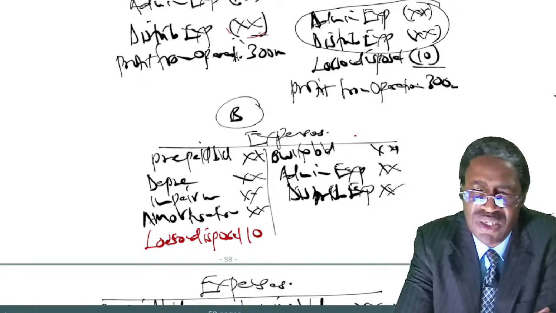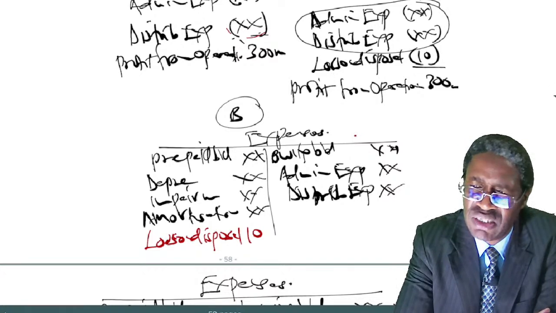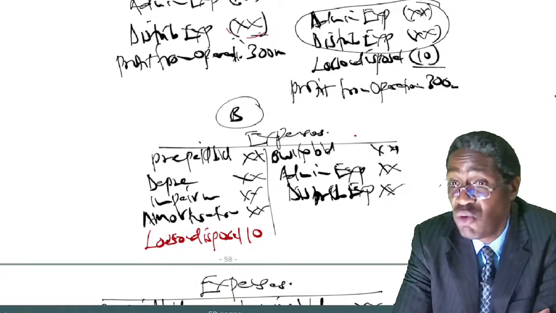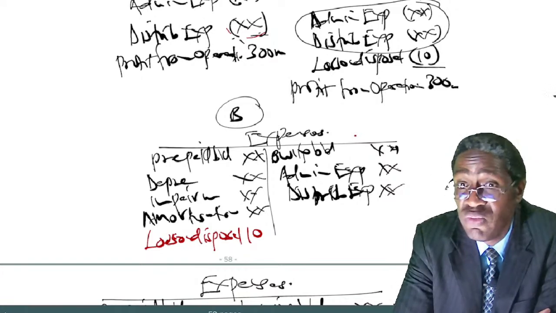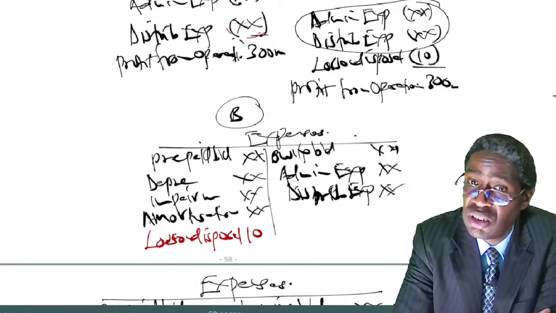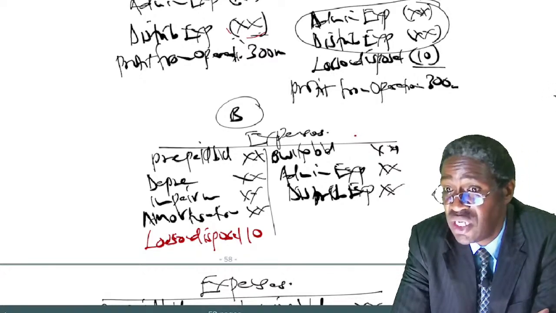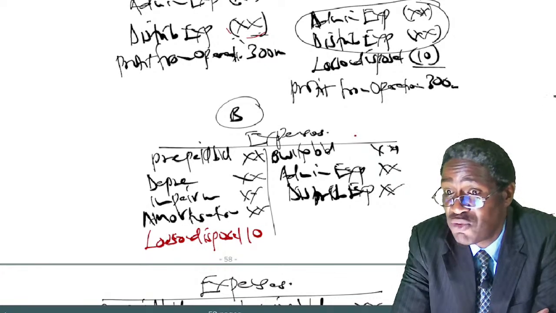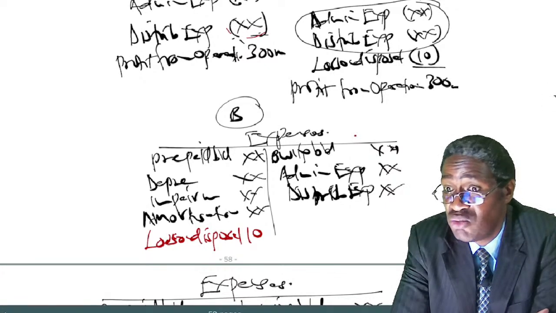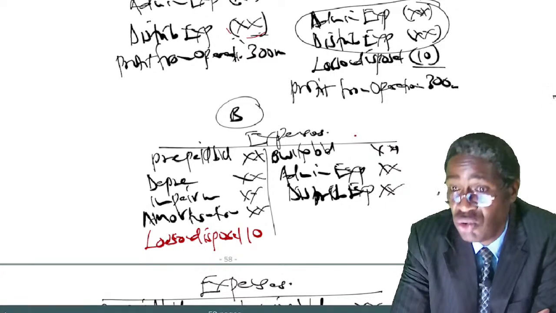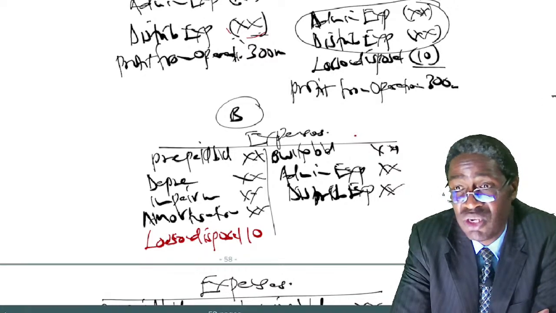It's true, it's an expense. It's true, it's an uncash item. But will I come and remove it the way I've removed depreciation, amortization, and impairment? Will I do the same? I want to hear from you. You are writing to me either yes or no. I'm not asking you to give me the reason.